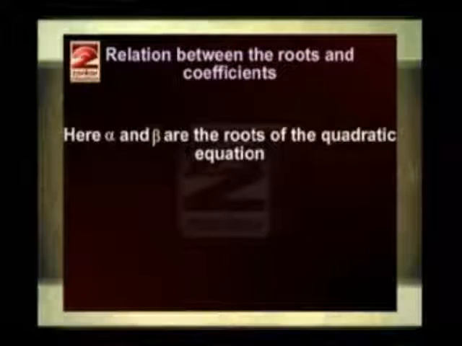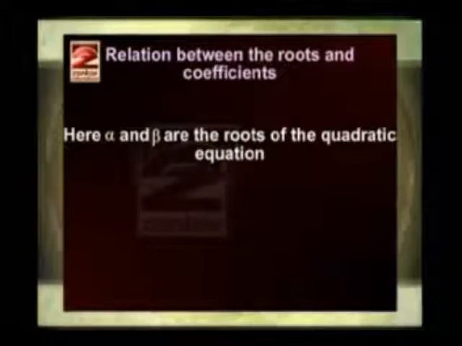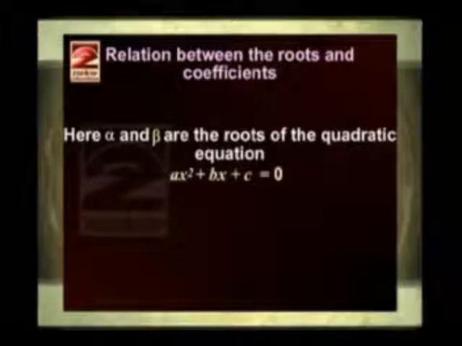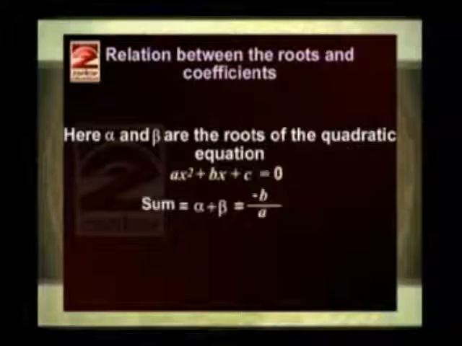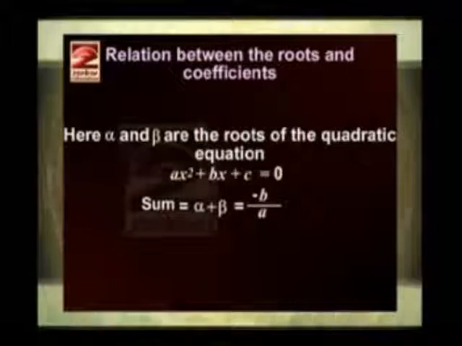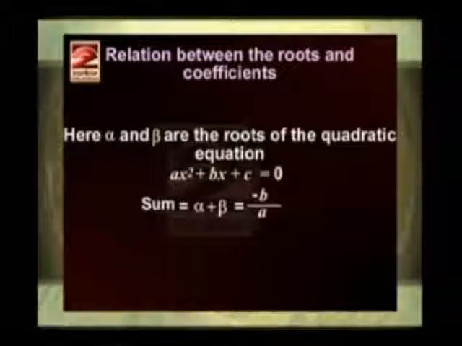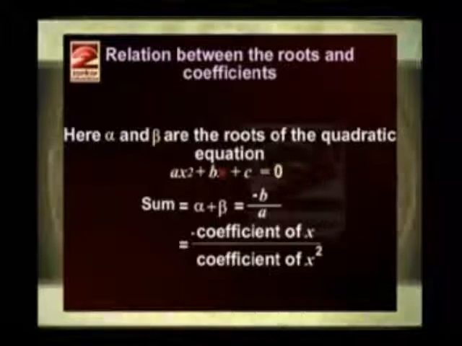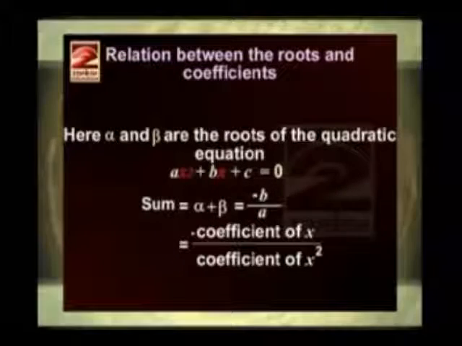Now we'll see the relation between the roots and the coefficients. Here alpha and beta are the roots of the quadratic equation ax square plus bx plus c is equal to 0. So the sum of the roots, that is equal to alpha plus beta, is equal to minus b upon a. That is minus coefficient of x upon coefficient of x square.